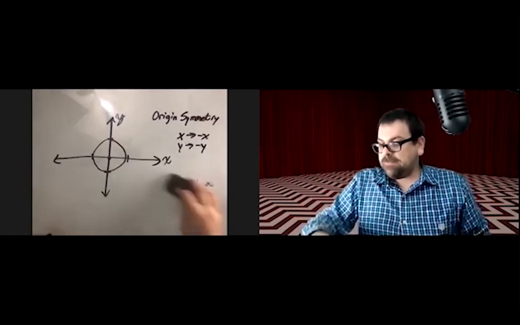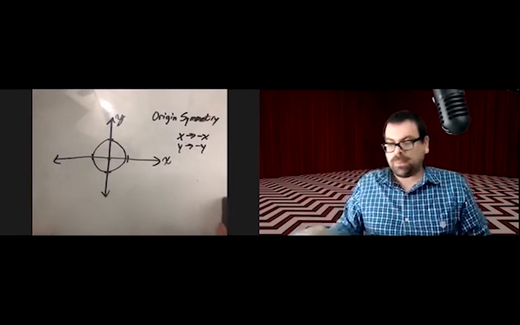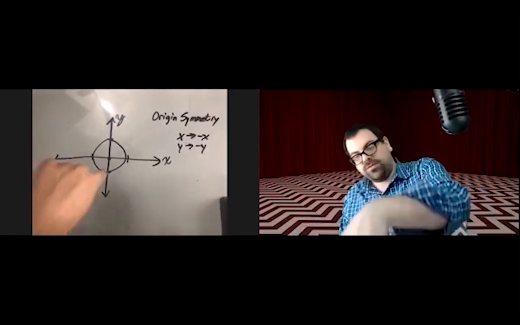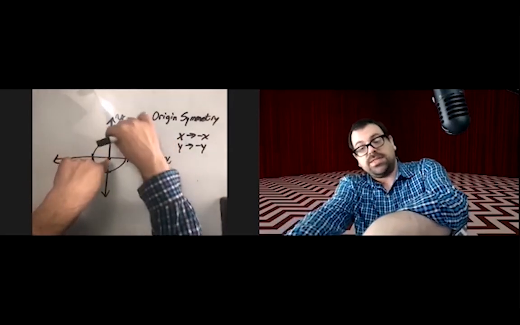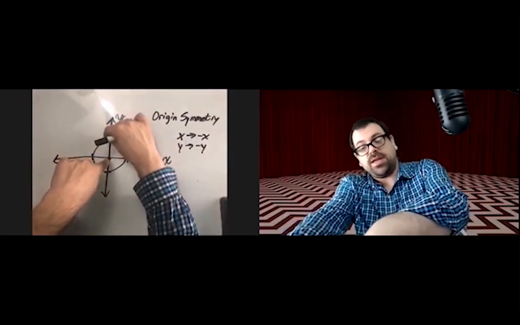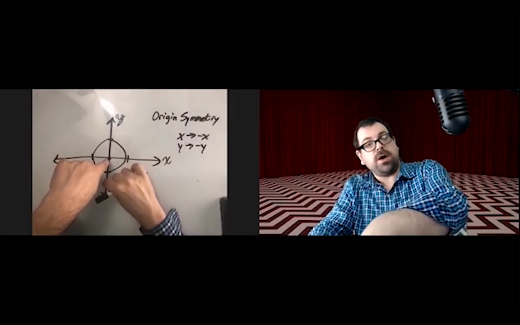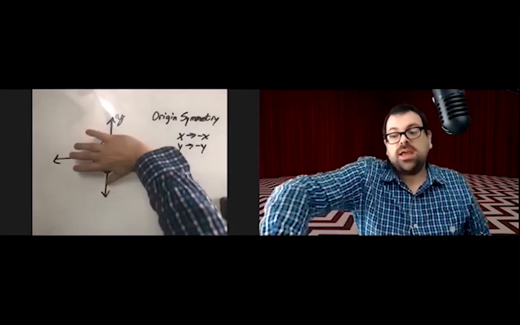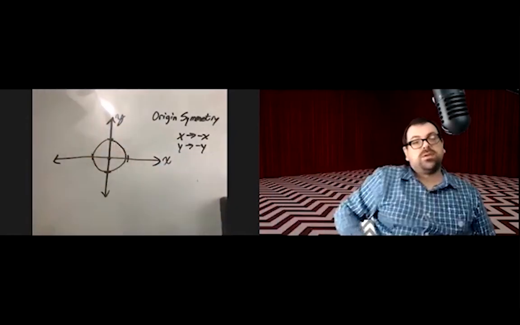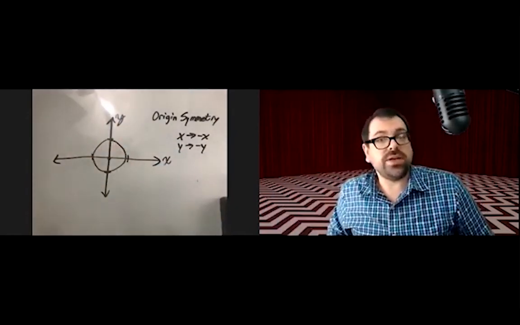This would be the same as taking your finger and holding it right down in the center, taking the top and spinning it to the bottom. Literally taking this and rotating it 180 degrees.